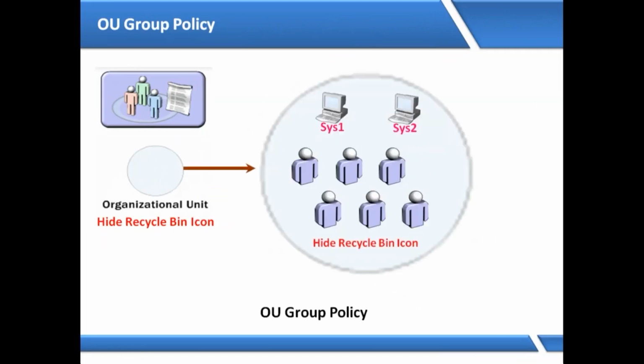Okay. Now, if you want to apply some policy only on a few users, then we need to apply the policy on OU. So the users who are inside that OU, only to them will that policy apply. So when we apply the OU group policy, it will apply the policy to a few users of a particular domain. To which users will it apply?